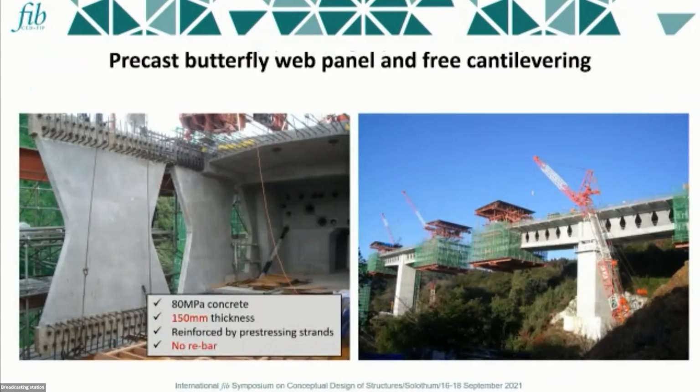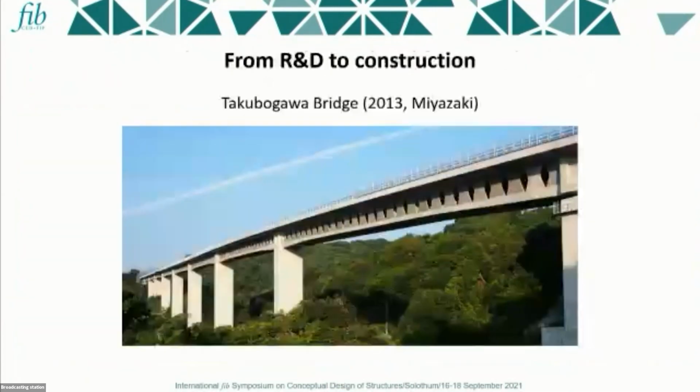This is a photo during construction. The panel was prefabricated in our concrete factory, and you can see the thickness of the panel is only 15 centimeters, with no rebar, reinforced by prestressing tendons.